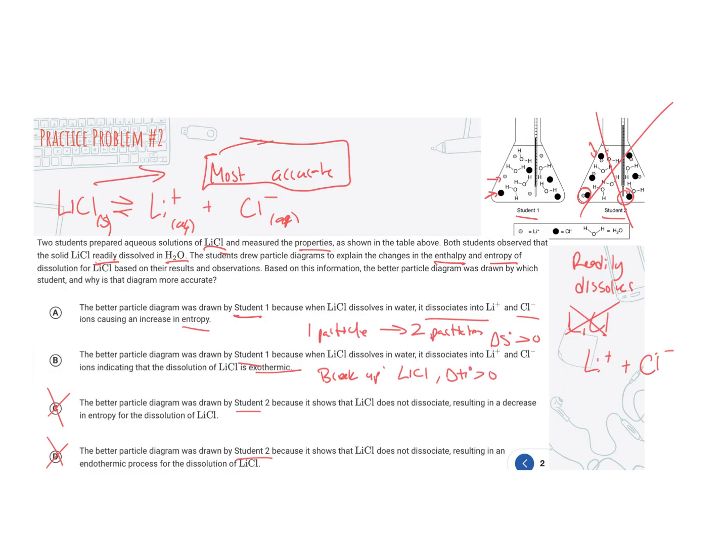Now, when you actually dissolve it and remake the bonds between the water and the LiCl, that can be negative. And so this one in particular, we don't necessarily know because we don't have enough information. And so we can't say B is the answer. Therefore, A is the only one that this diagram is actually describing. We can see that it breaks up from one particle into two. Therefore, entropy must increase. And so the most accurate answer here would be A.